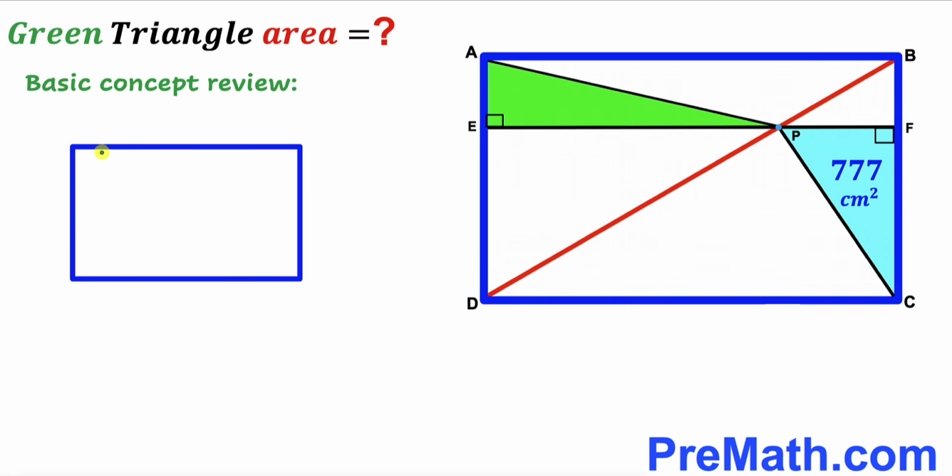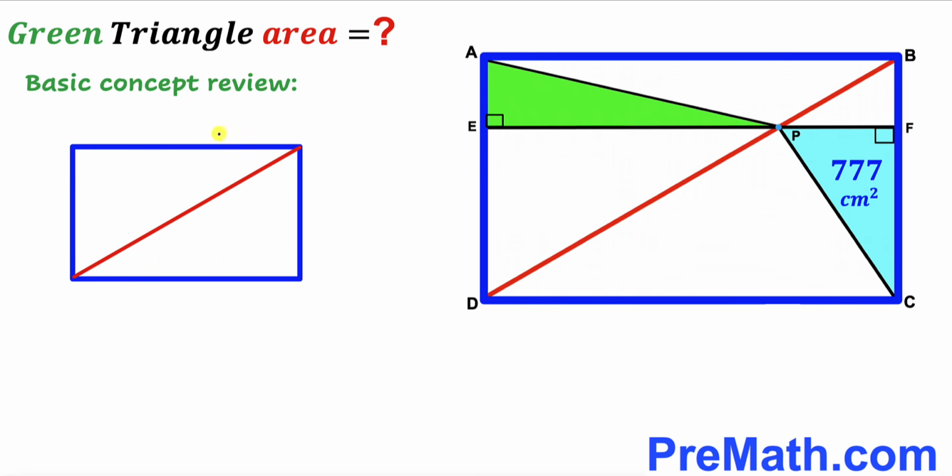We are going to focus on this blue rectangle along with this diagonal. This diagonal divides the area of this blue rectangle into two equal parts: the area of this triangle and the area of this triangle.